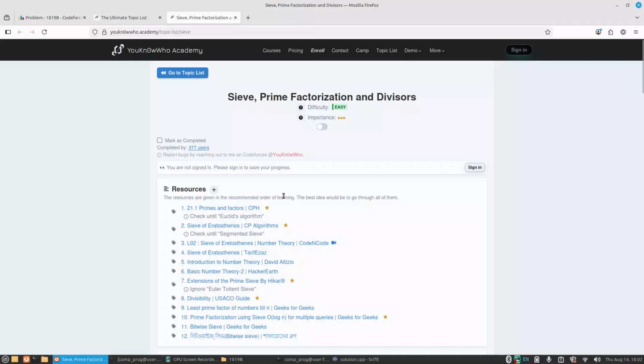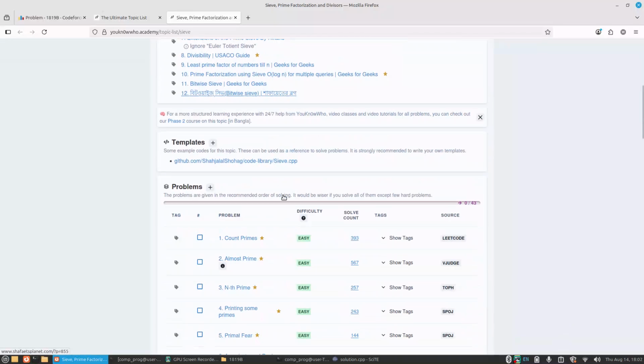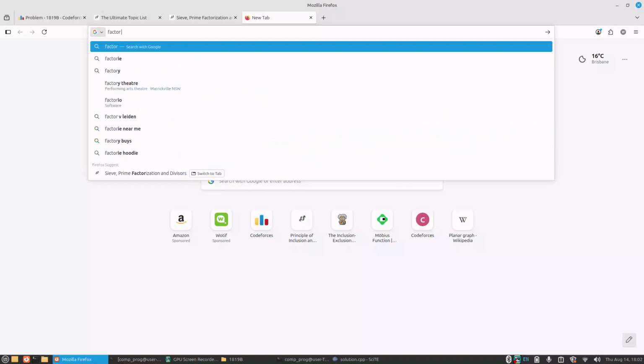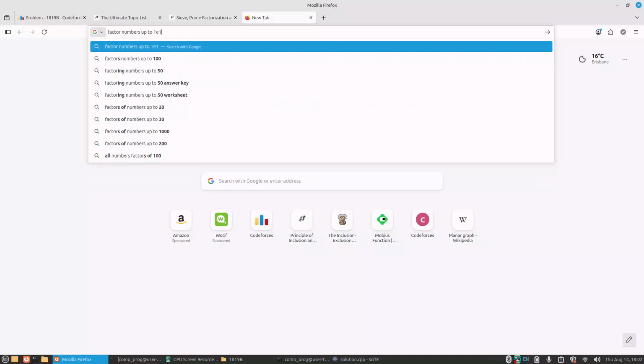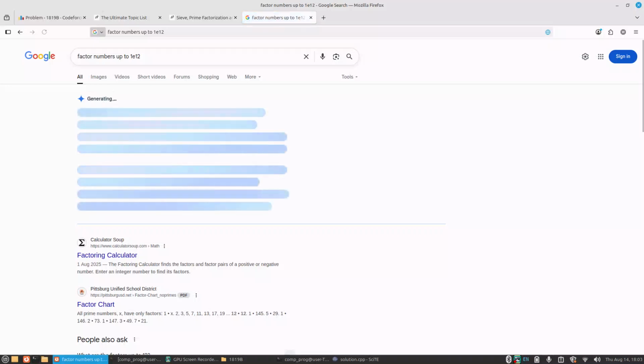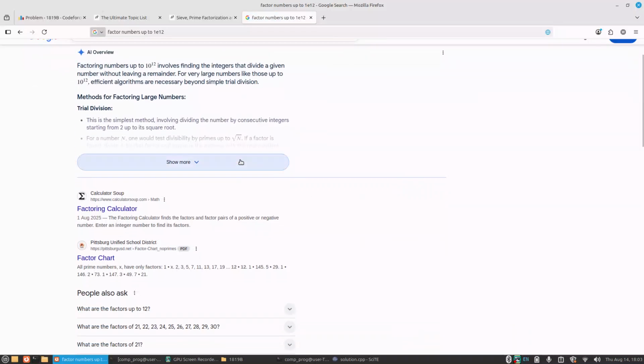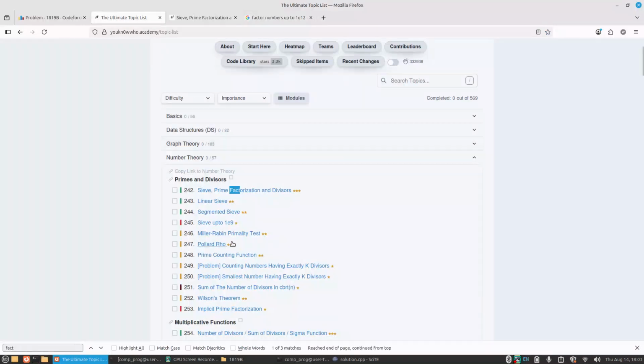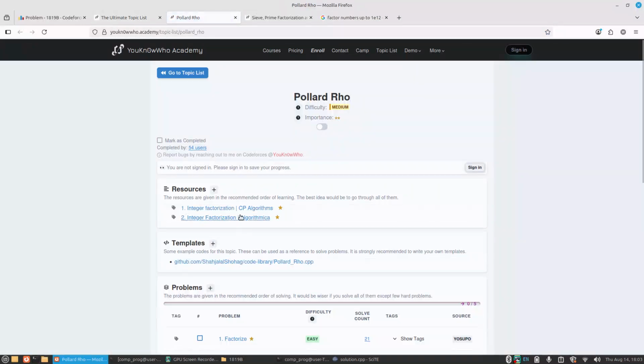Is there one for factoring very fast? Factor. Let's pull it around.